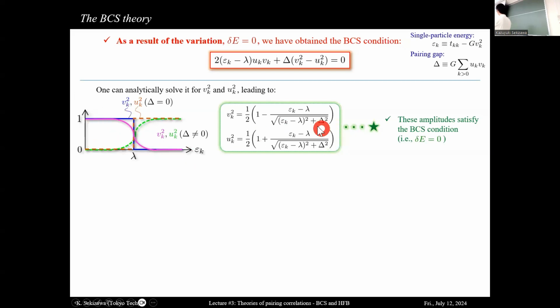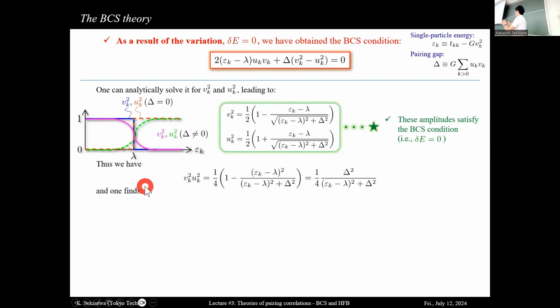So with finite delta, the occupation probability Vk squared becomes less than 1, even for the states with single particle energies below the chemical potential. This is due to the pairing correlation and pairing interactions.